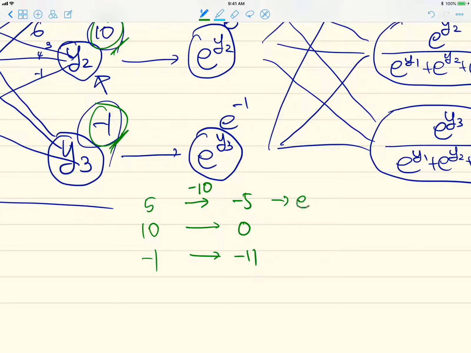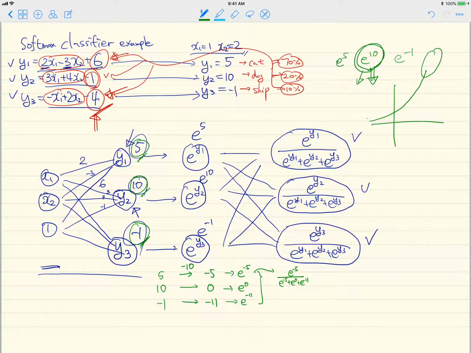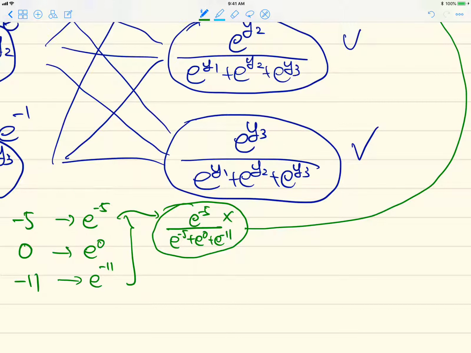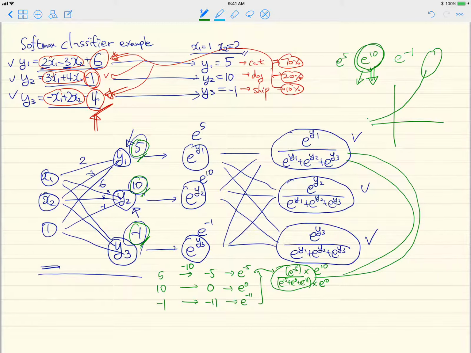Let's just take the softmax function as follows, and this is the probability we get. This is actually the same as the original, right? Because we can multiply e to the power of 10 in both the numerator and the denominator, and then we will get exactly the same representation as this.